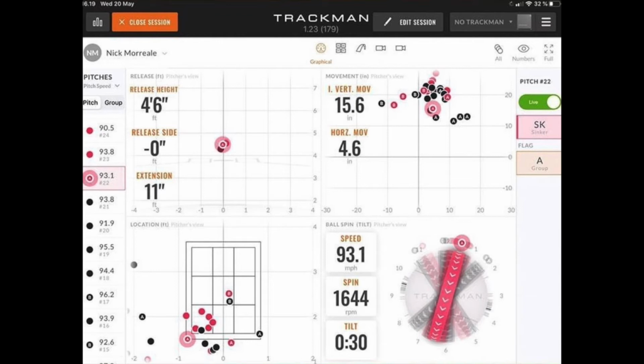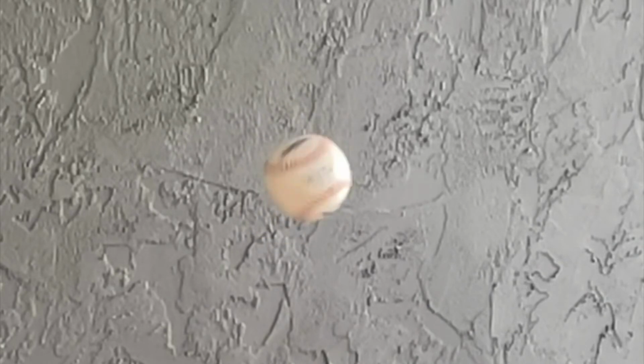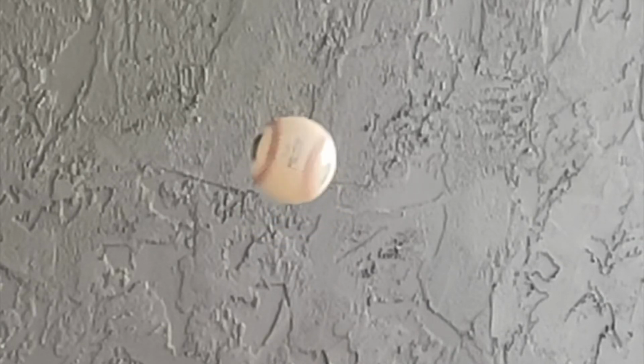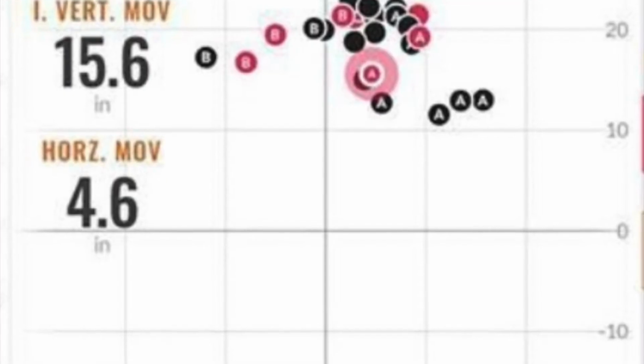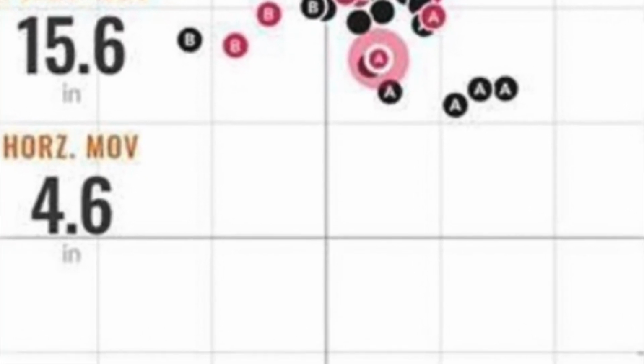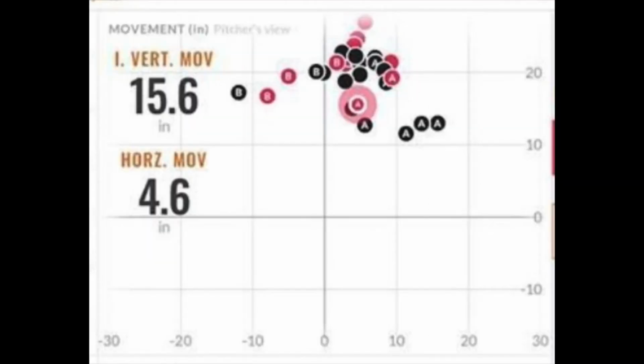Vertical movement and horizontal movement are based on a ball that spins gyroscopically in space. If you were out in outer space on a spaceship and you threw a ball, that is where the 0-0 mark is. So that's also used as the reference point. The 15.6 inches of vertical movement is the up and down difference from that ball that was thrown in space.